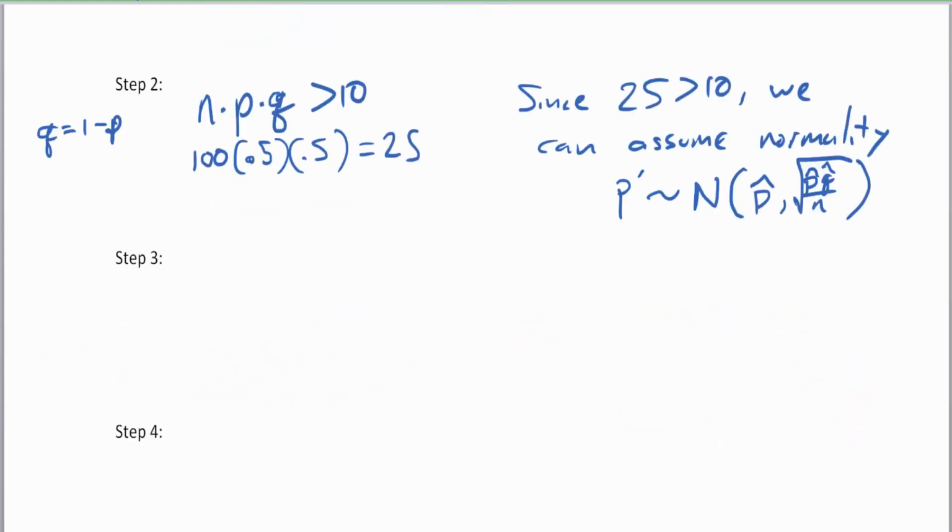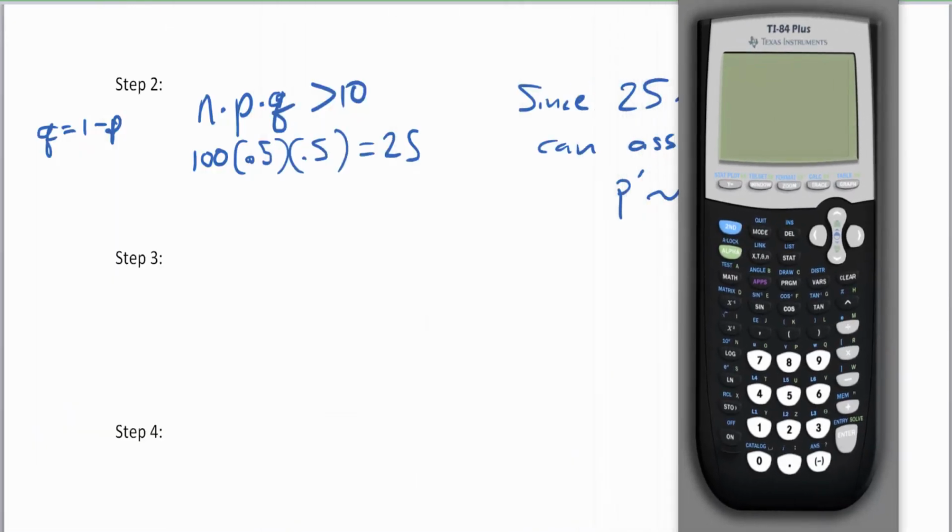In step 3, let's access the one proportional z-test. So turn our calculator on, click the stat button, click over to the tests menu, and you can see that the one proportional z-test here is my option 5. You might have a different option for that.